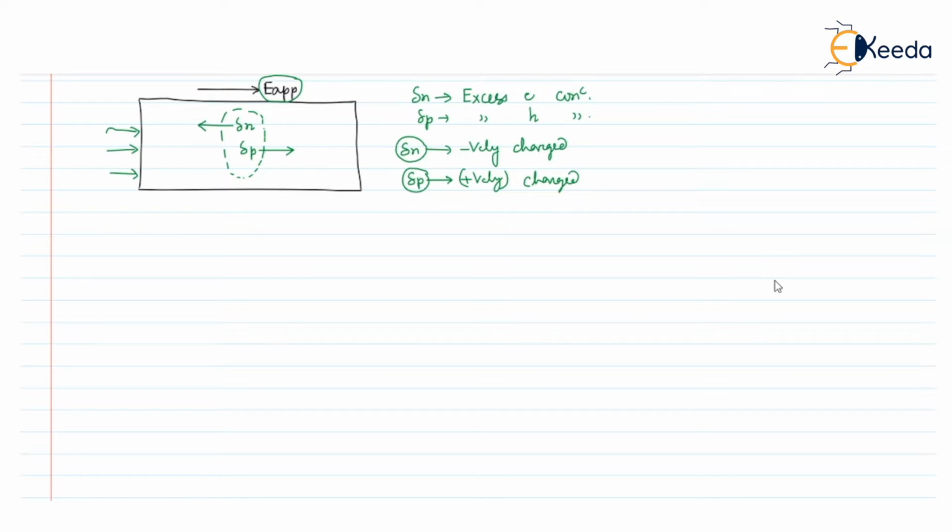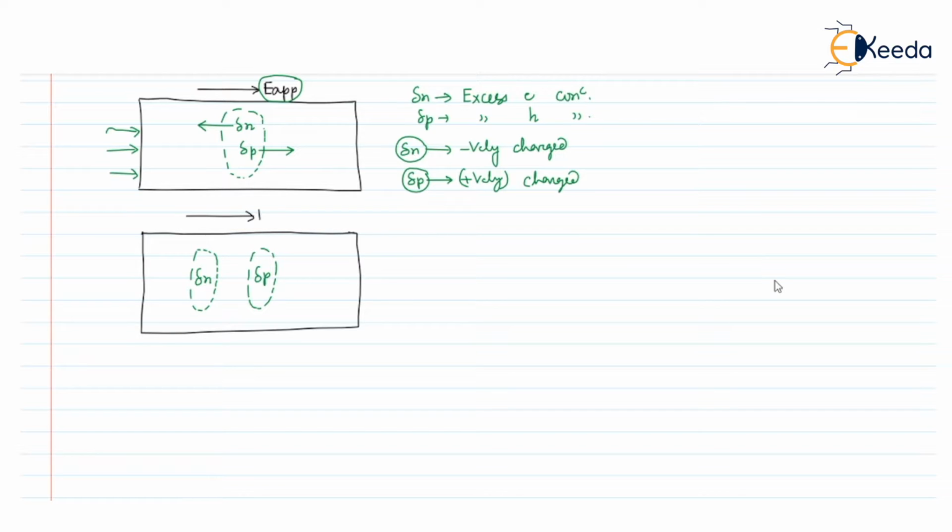Now, a situation will arise after the movement of the excess electrons and excess holes like this. They will be separated, that means del n will be separated from del p in this fashion due to the externally applied electric field, E applied.